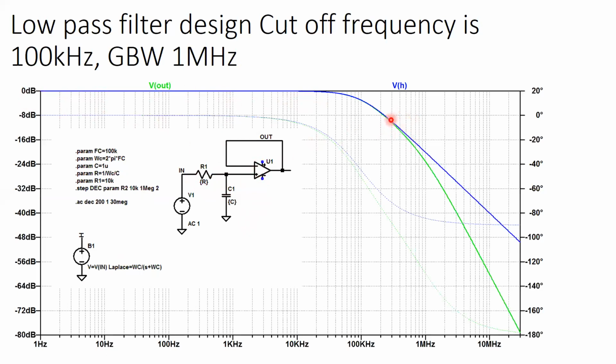So right when it starts to deviate, that means the open loop gain of the op amp is getting below 100. Maybe it's around 10, even though the gain bandwidth is more out here. Okay, did that answer your question, Artem?